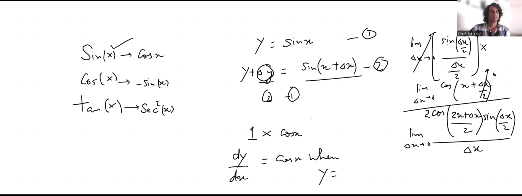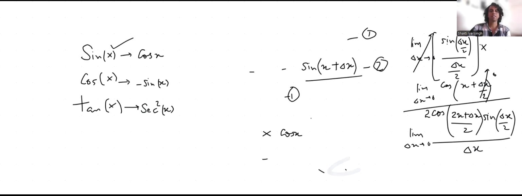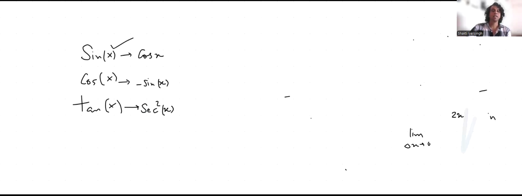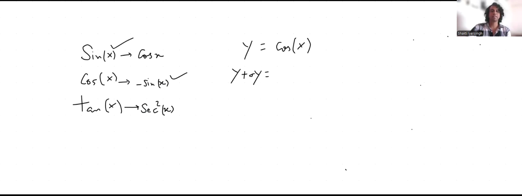So that is the first one proven. Now let's move on to the second one. The second one is cosine x. Applying the same principles that we applied to sine x, we're going to start with writing y equals cosine of x and y plus delta y equals cosine of x plus delta x.